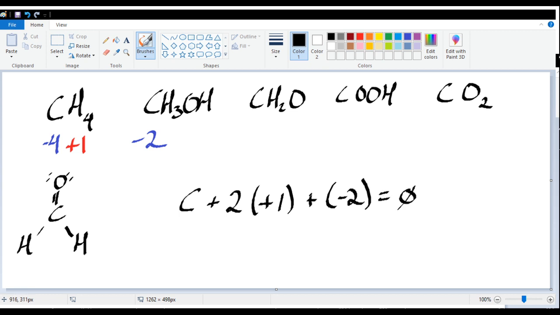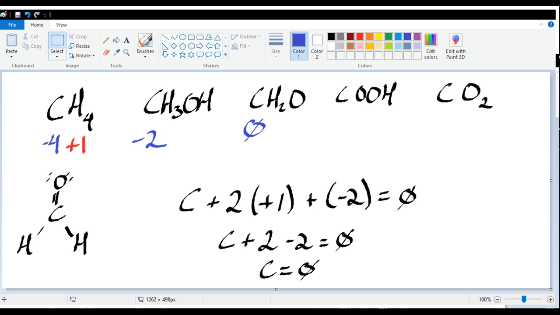All adds up to 0. So carbon plus 2 minus 2 equals 0. Carbon equals 0. You might have noticed a trend. You're very clever. Now we move on to formic acid.